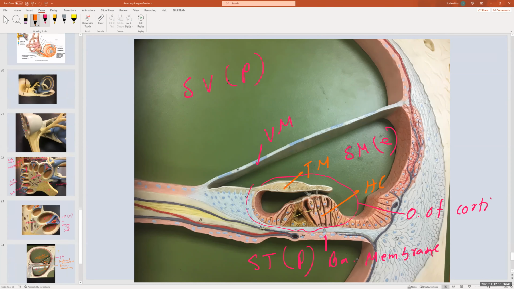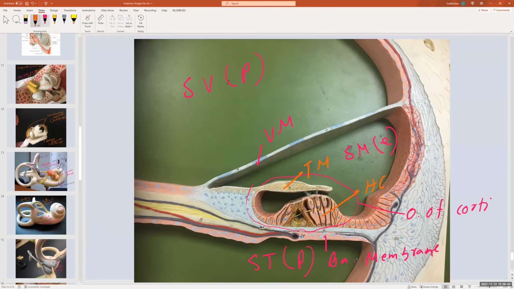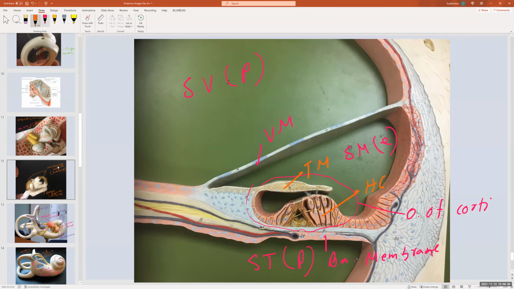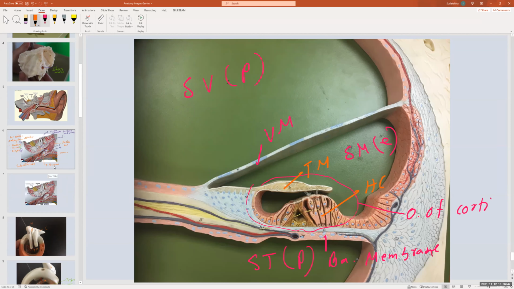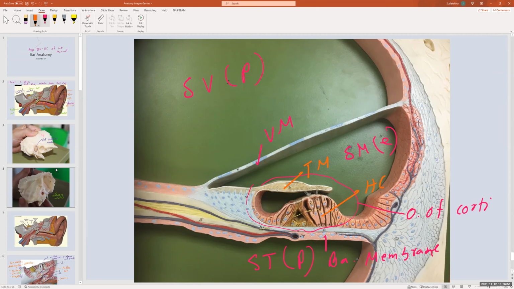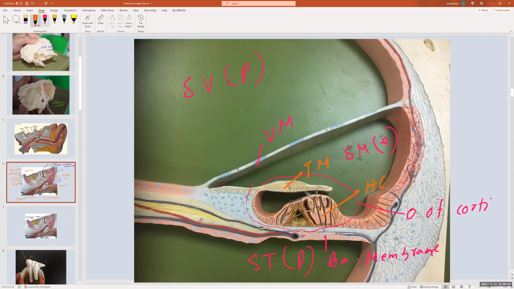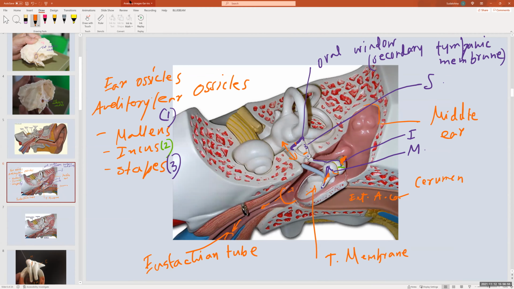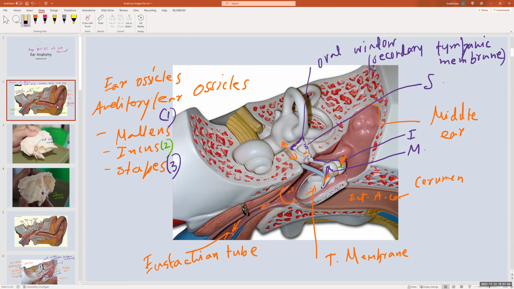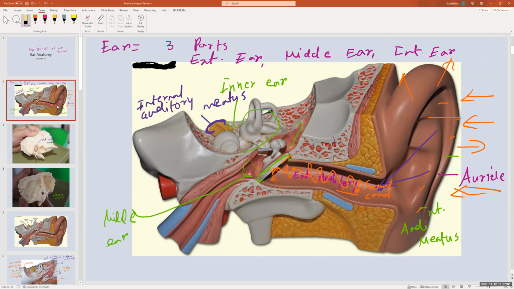Let's back up and now see how this sound wave is perceived. Basically, I'm going to start right from here. Sound wave is perceived through a whole process, including all parts of the ear.